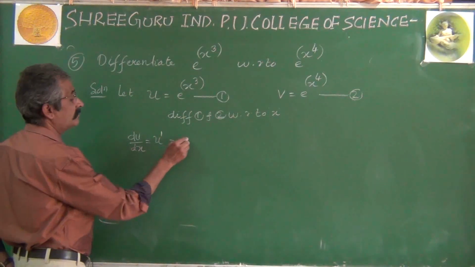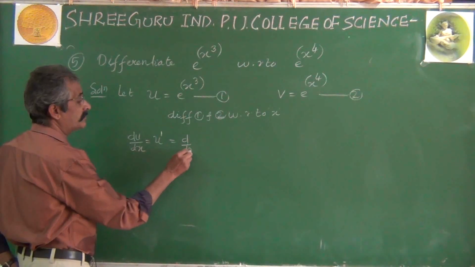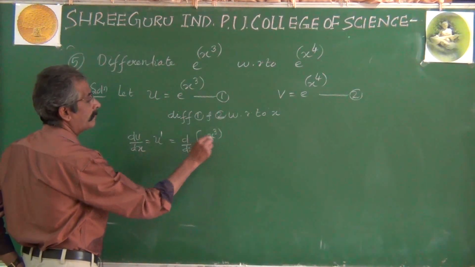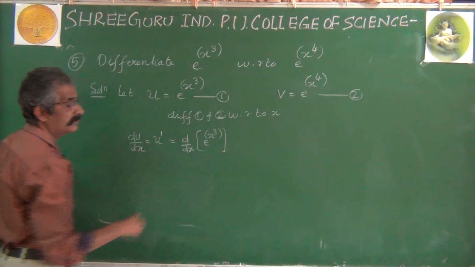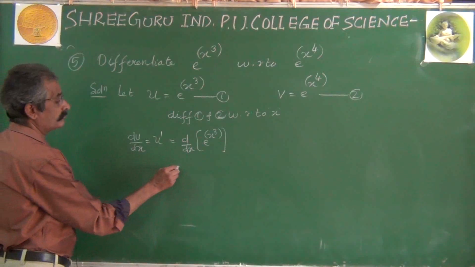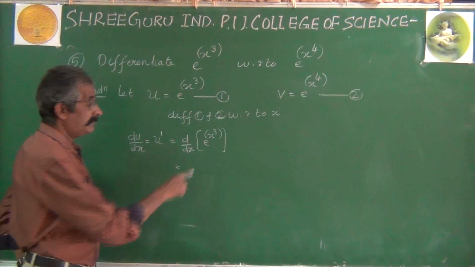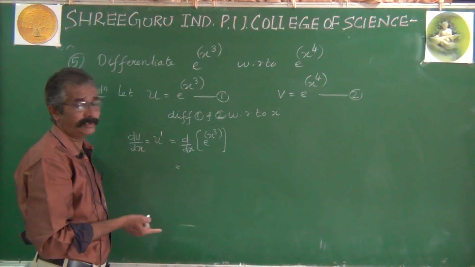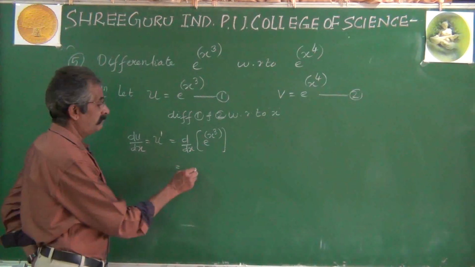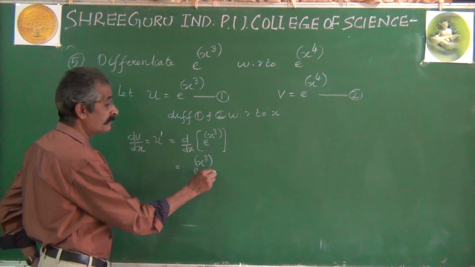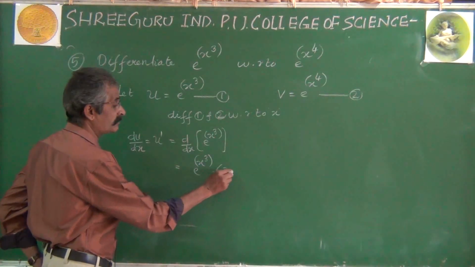Right hand side, d by dx of e power x cube. It is just like e raised to u differentiation. So e raised to u differentiation is e raised to u into u dash. Means e power x cube into differentiation of x cube, which is 3x square.